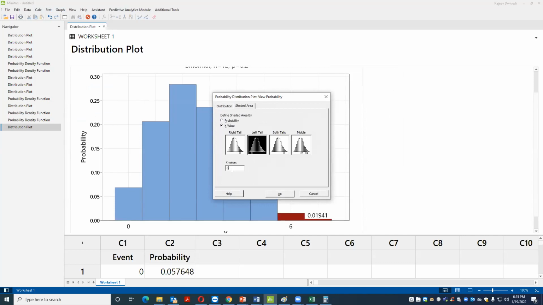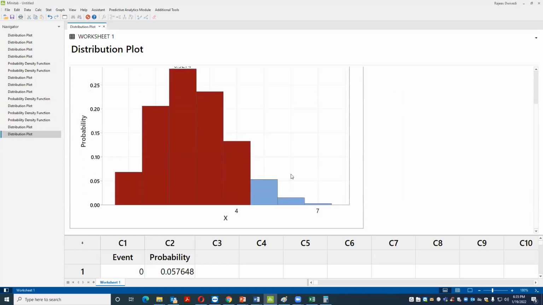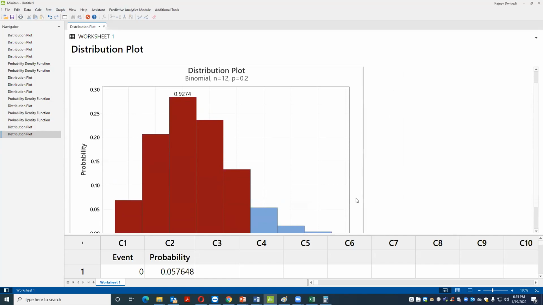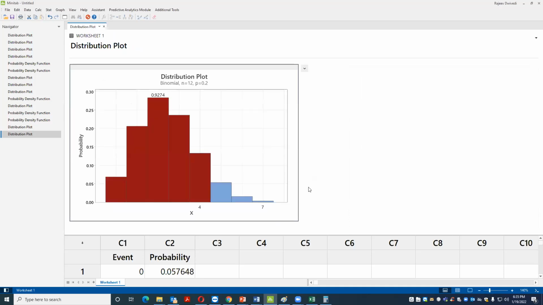Now I will use 4, because it is asking less than 5, that means the discrete value before that, which is 4. You can see this is the probability distribution. What is the probability that fewer than 5 people will be positive? 92.74%, or 0.9274.